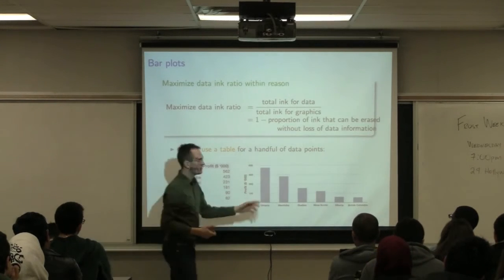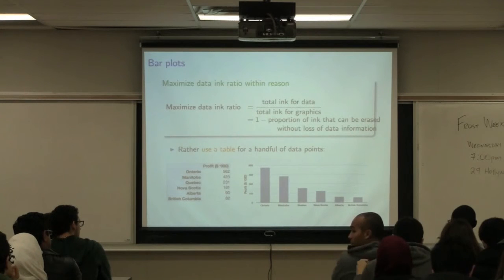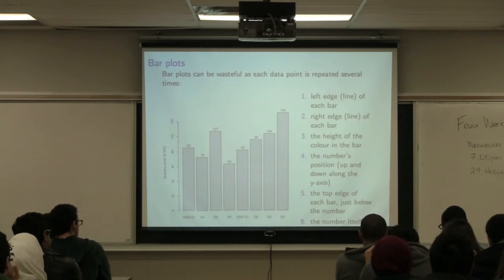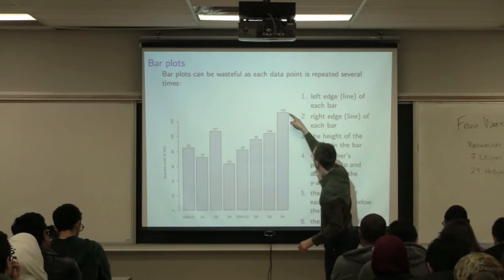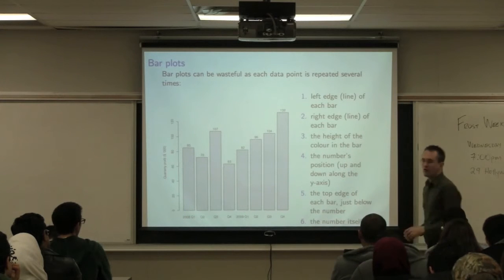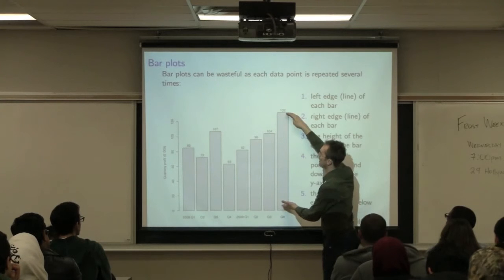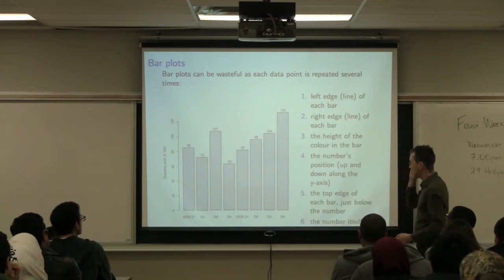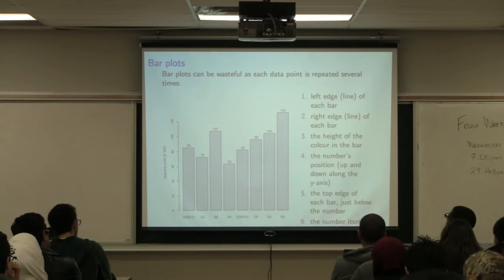So we ended off the last class with bar plots, saying that in many cases they're not an efficient form of graphic, because the left edge black line, the right edge black line, and the top horizontal line all convey essentially the same information, that this bar is 132 high on the y-axis. The surface area covered by that ink is a great waste of ink, conveying essentially the same piece of information.